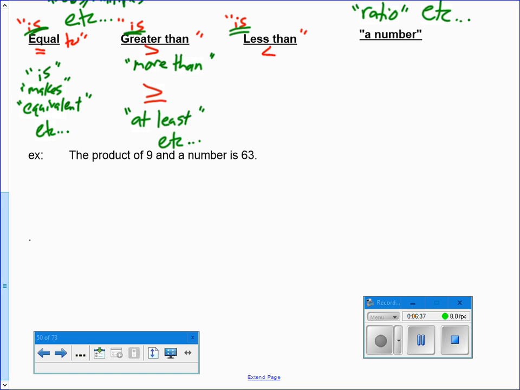Same thing with less than. Sometimes we see smaller than, and with less than or equal to, instead of at least, we see at most. But there are other words that describe that same thing. So these aren't the only ones. This is just giving you an idea.